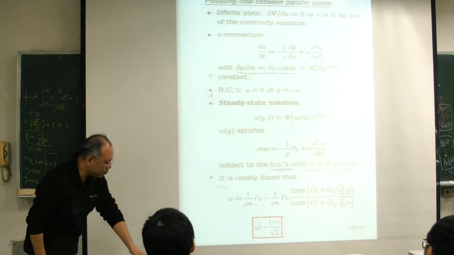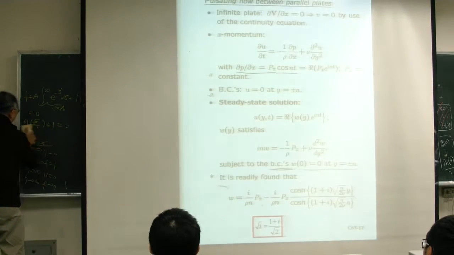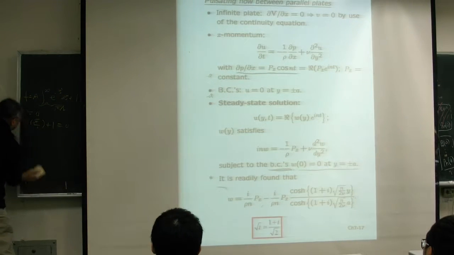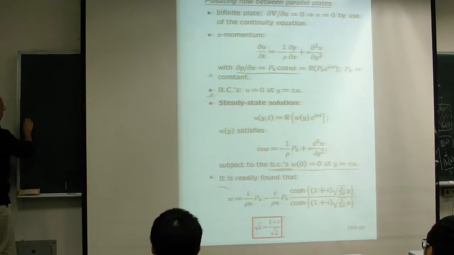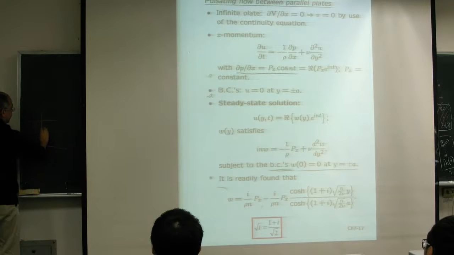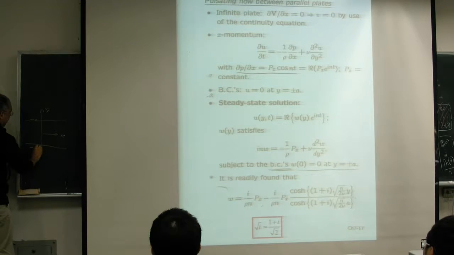So this is our x, this is our y, this is y equal to positive A here, and this is y equal to minus A here. So we have dp dx as a cosine function, cosine Nt.